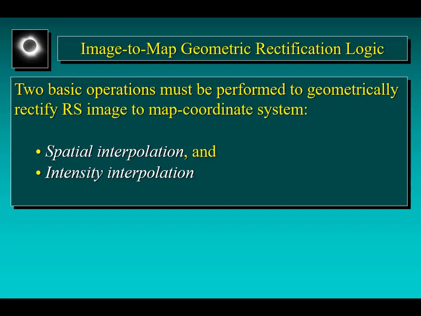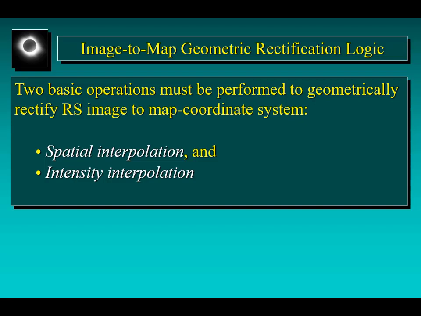So we're going to have one set of coordinates from our reference map base, if we are performing an image-to-map rectification, and we're also going to be extracting image coordinates, row and column coordinates, from our unrectified image. We want to make sure that we have as many ground control points as we can accurately locate, and we're also going to want a good distribution of those ground control points, fairly evenly distributed across the various quadrants of our data sets.